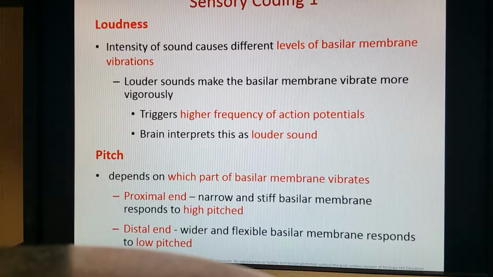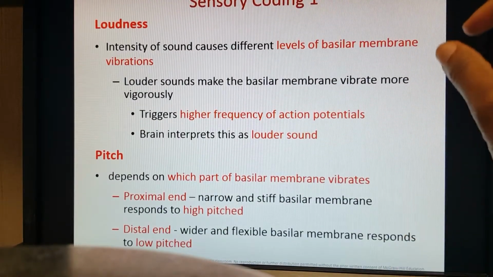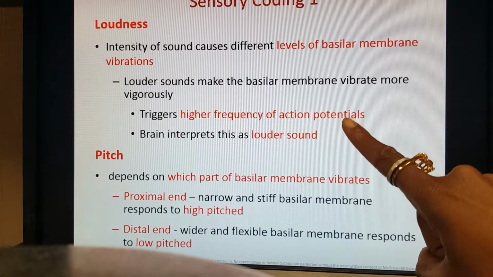For coding of loudness, it depends on the levels of the basilar membrane. Louder sounds make the basilar membrane vibrate more vigorously, again making bigger waves for bigger sounds. It also triggers higher frequency action potentials.